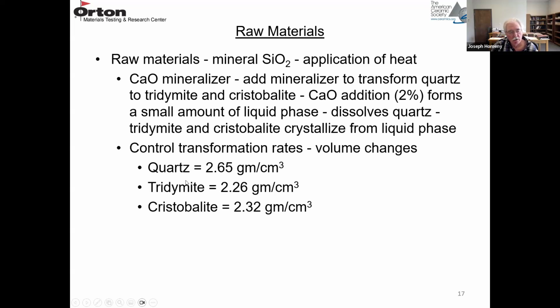So going from quartz to either tridymite or cristobalite, lower densities, higher volumes. When you convert all the quartz, ideally you don't want any quartz left. You end up with a combination of tridymite and cristobalite, and you eliminate those large volume changes.